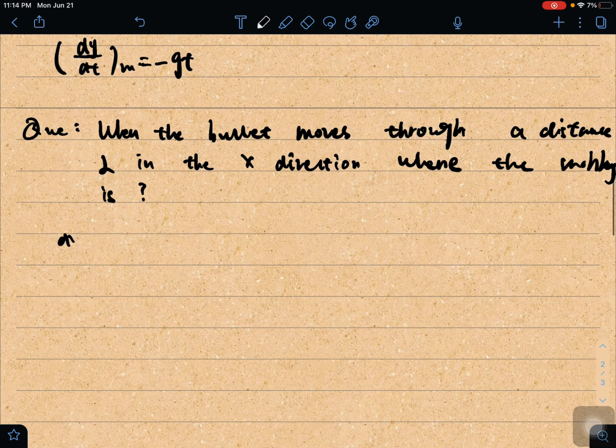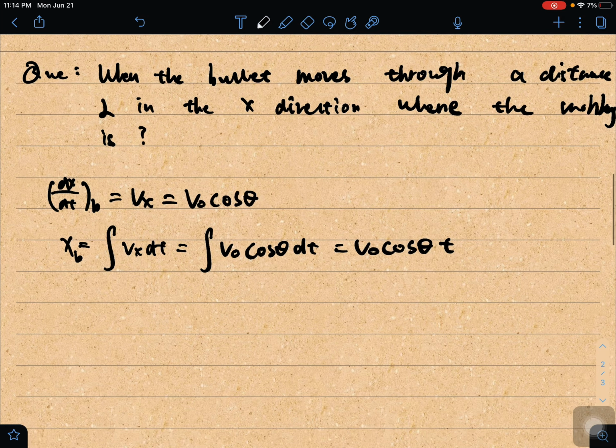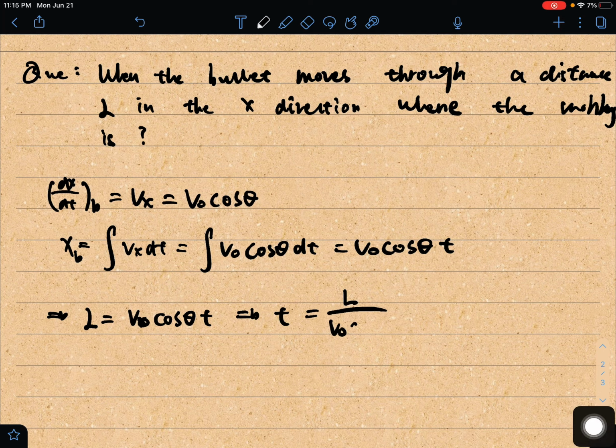Okay, so we need dx/dt for the bullet, which is just equal to vx, v0 cos theta. By integration, xb is the integral of vx dt, which is v0 cos theta t. Setting this equal to L, t is equal to L divided by v0 cos theta.